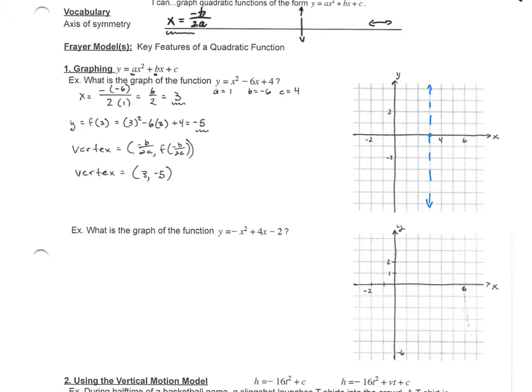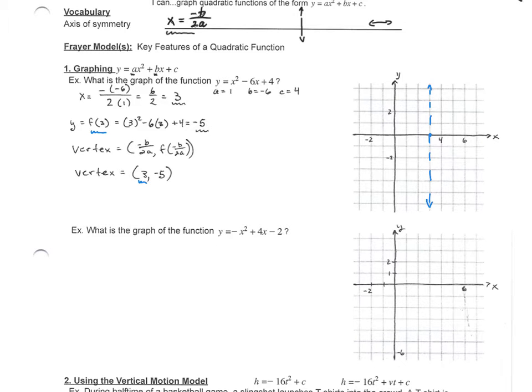And then let's see, what else do I know? Well, I can find my vertex. I know that the x value of my vertex is going to be whatever my axis of symmetry is, because it runs right through that x value. That's why we get 3. But remember, in order to find the output, in order to find the y value, we would want to take and put 3 in for x, and wherever there's an x, we replace it with 3, and then we can get our output.